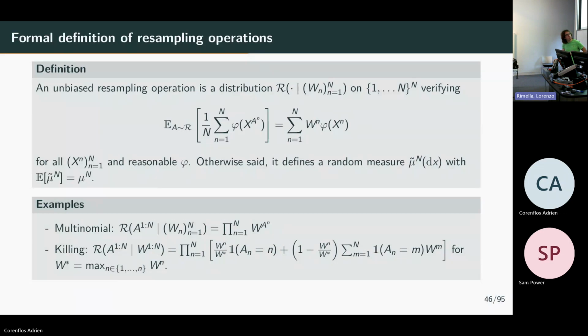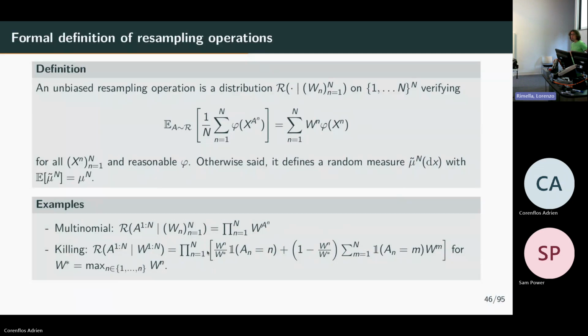Examples of doing that are the multinomial distribution, which corresponds to looking at your normalized importance weights, and then saying at index n, I'm just going to draw from the categorical distribution corresponding to my importance sample. And that gives you this type of distribution over your A_n, which are the ancestors, the resampling indices.